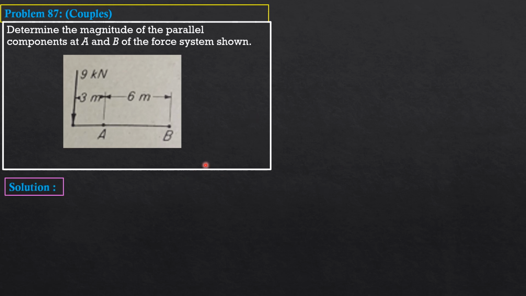So we will call the force at A as FA and at B as FB. So FA is downward and FB is upward because the moment of the original force 9 about A is 9 times 3 and it is counterclockwise. So the moment of FB about A is also counterclockwise.